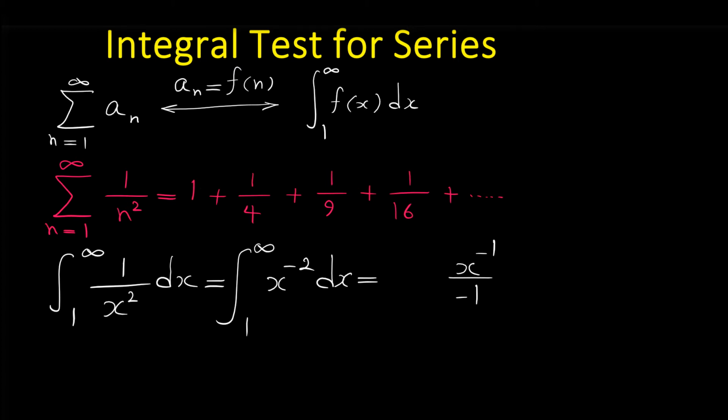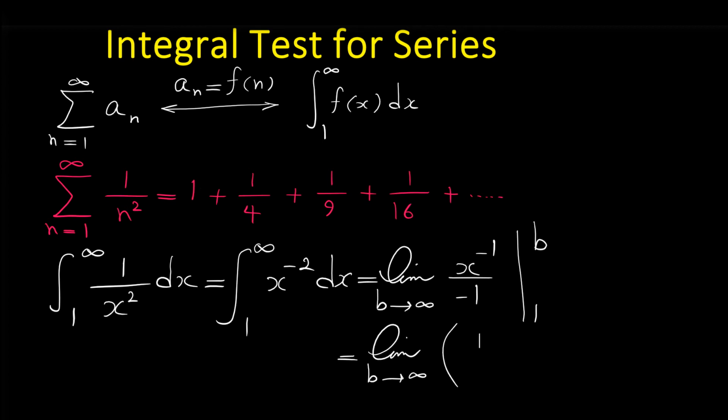But because this integral is an improper integral, we have to write this in the form of the limit as b approaches infinity, from 1 to b. Now if we plug in b for x, this equals the limit as b approaches infinity of b to the -1 over -1 minus, if we plug in 1 for x, 1 to any power is 1, over -1, which is -1.